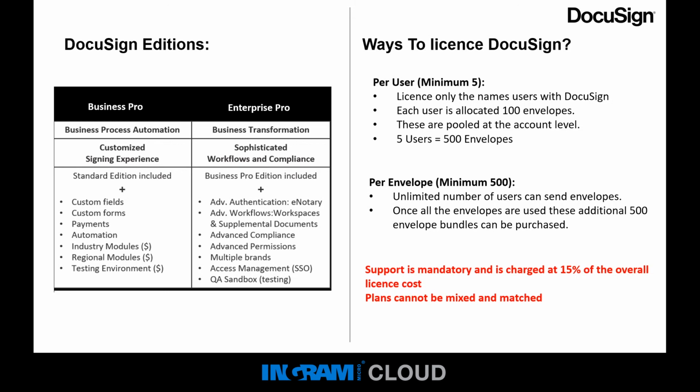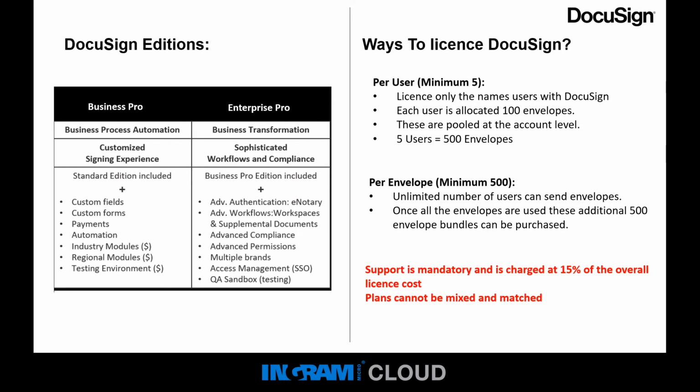And there are two ways to license DocuSign. There's the per user model, which is a minimum of 5 users, or there's the per envelope model, which is a minimum of 500 envelopes, or you can refer to them as transactions as well. With the user model, you're effectively licensing the named users of DocuSign.